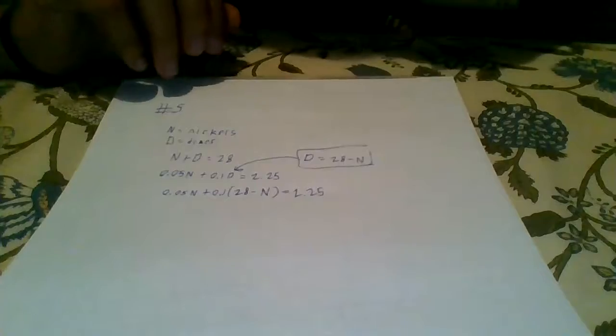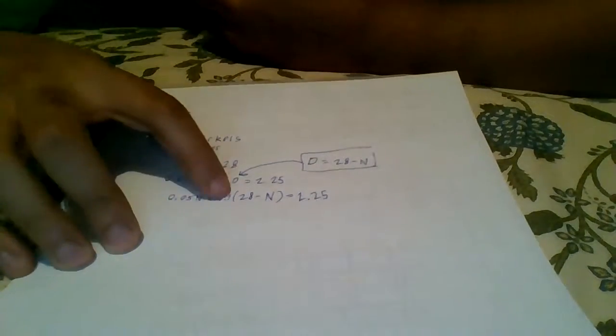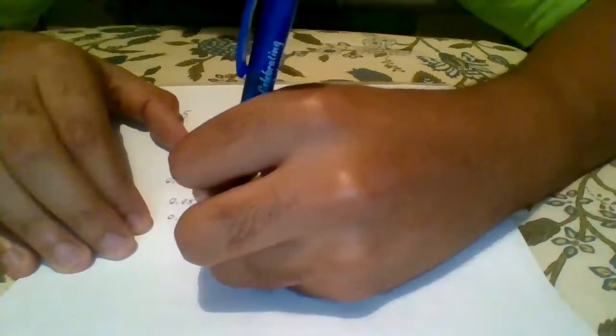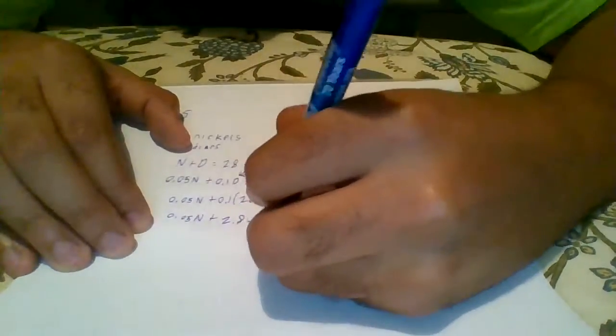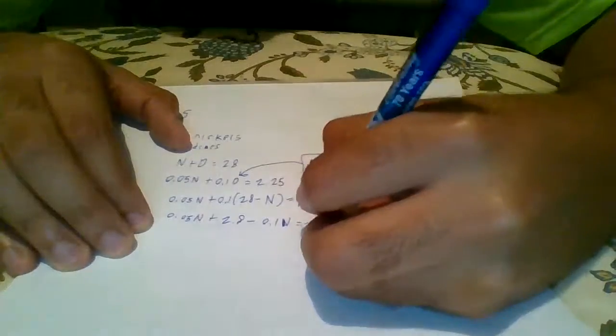So far, so good. So let's simplify. We're going to distribute 0.1 to everything inside. So we still have 0.05 N plus, now it's 2.8 minus 0.1 N. That equals 2.25.